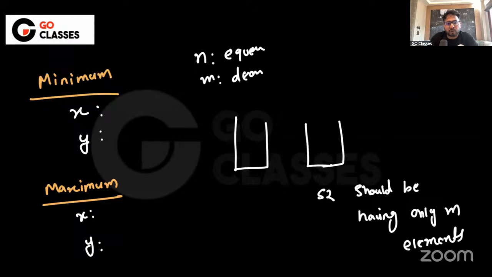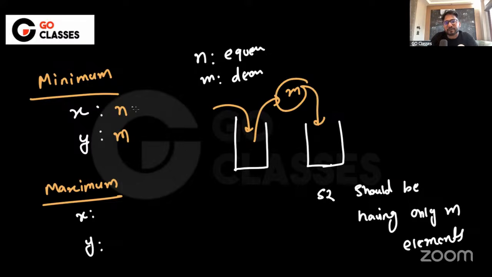So because you are having n and m, n anyway you are going to push to here, right? Now sequence doesn't matter. Don't worry about the sequence. But we are eventually popping out only m elements from here. So pop only m elements, then pushing those eventually m elements here, and then popping those m elements, right? So this is the minimum that you will be doing.